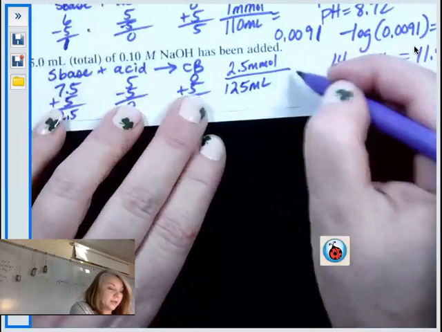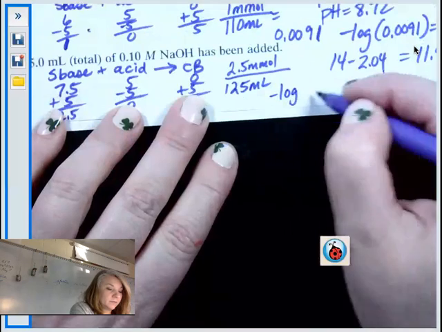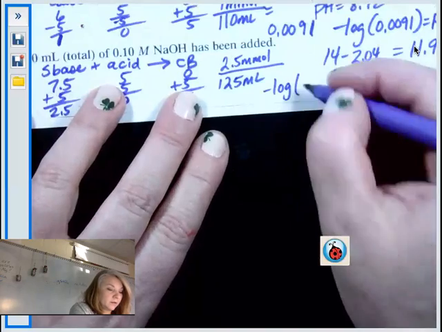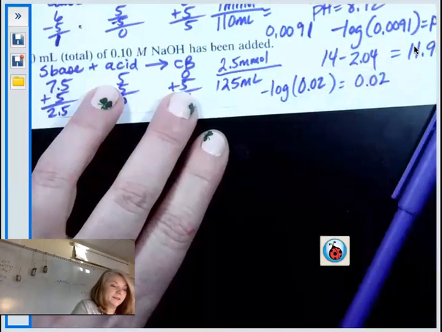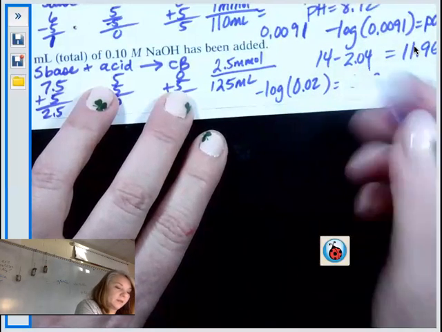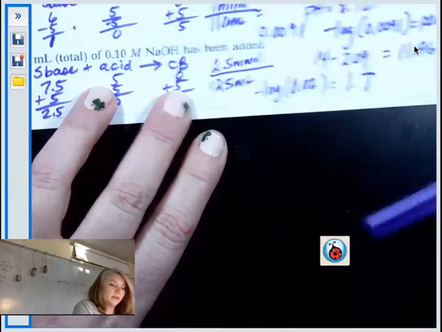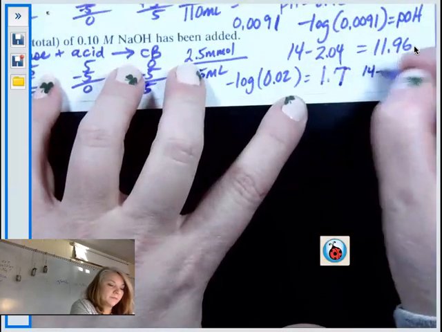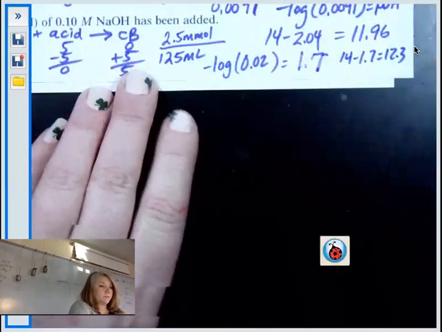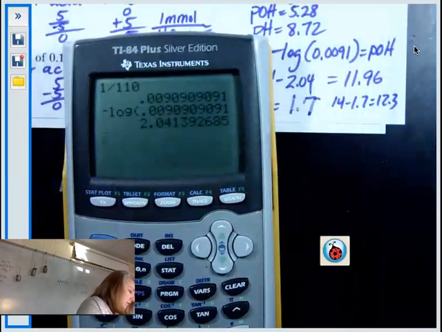And then we're going to need to take the negative log of that and subtract from 14. There we go. Sorry. It's like, that seems odd. 1.7. Okay. And 14 minus that, 12.3. All right, so put it on to our little paper, and that's at 75, 12.3.